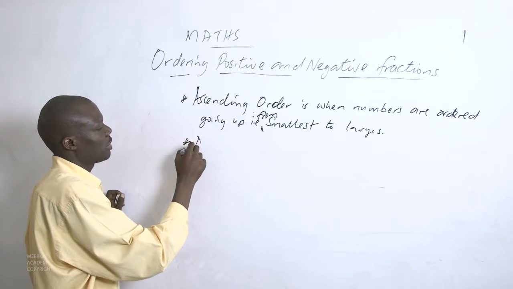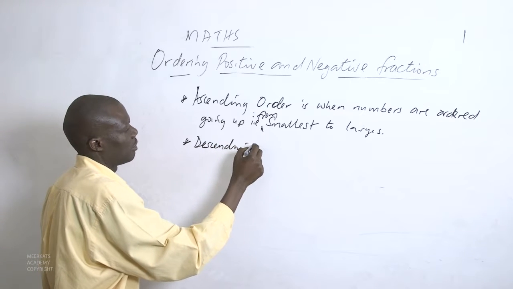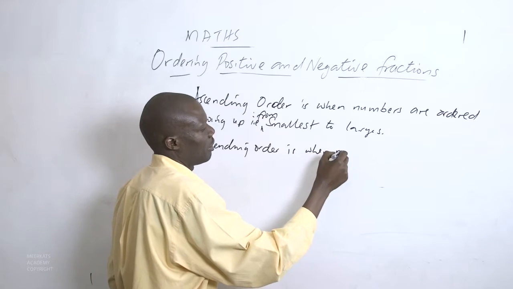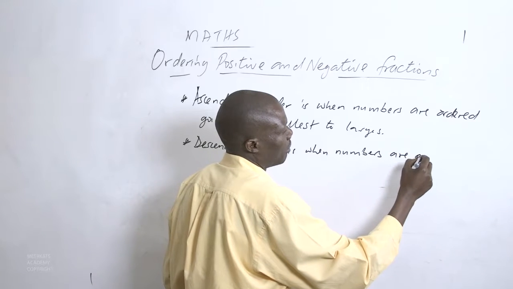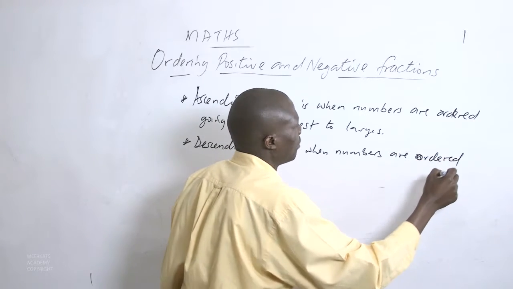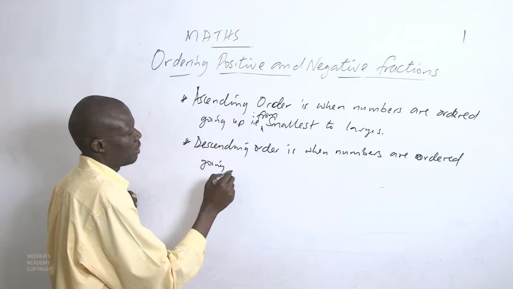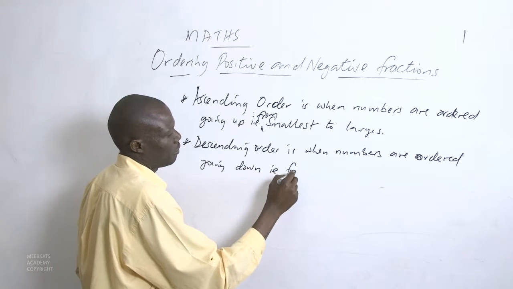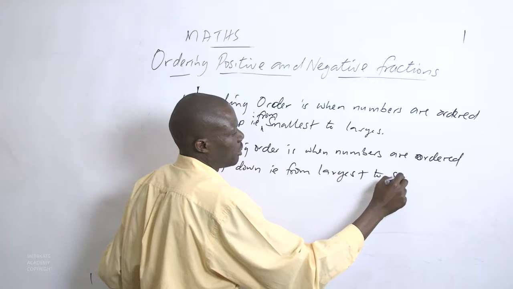While if we are asked to arrange in a descending order, it is when numbers are ordered going down. That is to say, from largest to smallest.